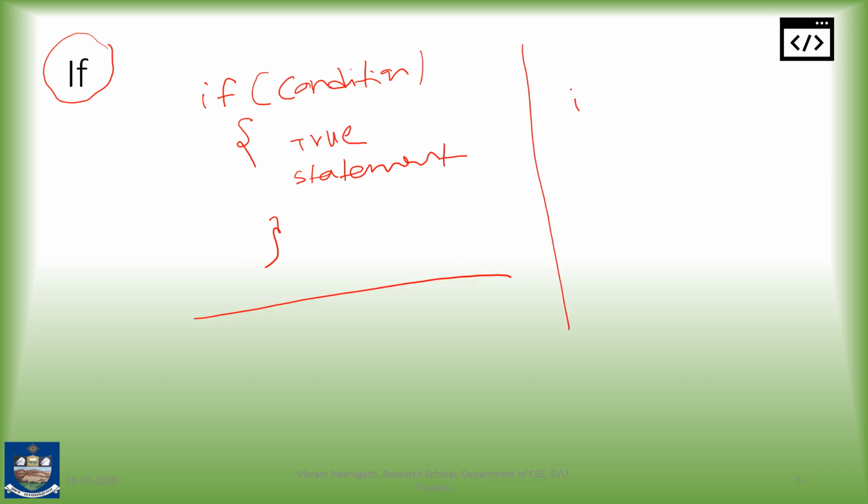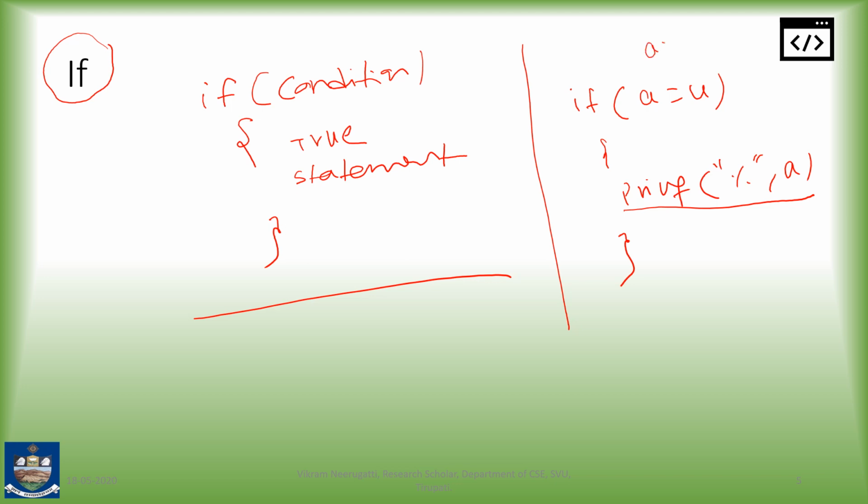Example may be: if a equal to 4, printf a value. Here we will print the value of a only if the value of a is 4. If you give the input value as 2, this will not work. This is the if statement.